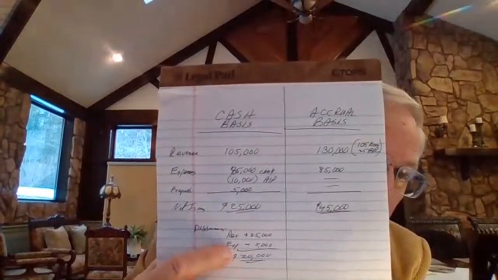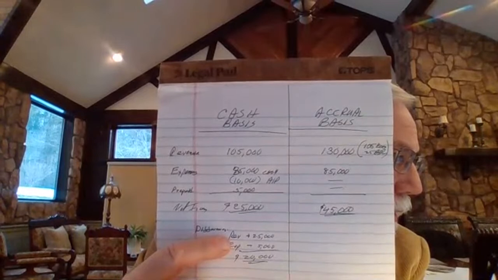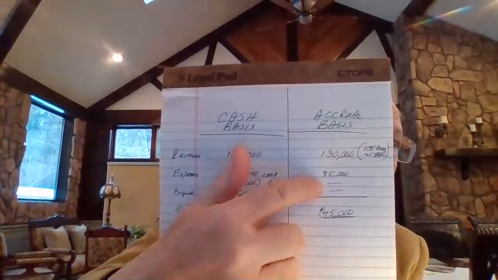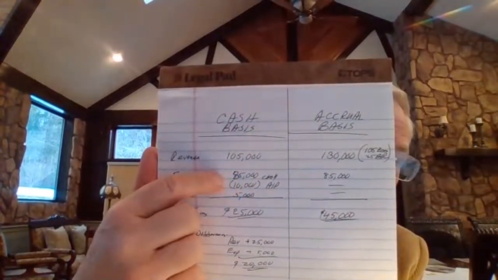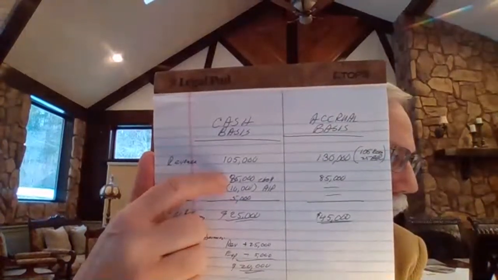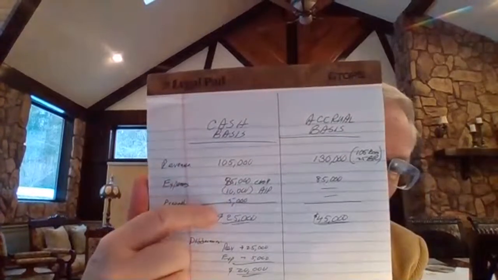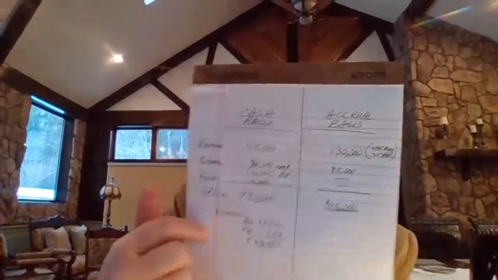And then the expenses were $10,000 less. $85,000 here was paid in cash and also in liabilities, accounts payable. Here we're only doing the net amount of cash paid, the $85,000 less $10,000. And then we have to add in the $5,000 prepaid expenses because we're on the cash basis.